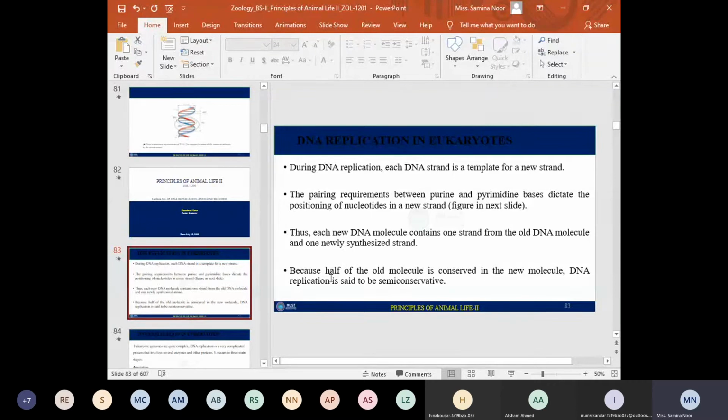So the most acceptable model for DNA replication is the semi-conservative model. Today we are going to discuss the semi-conservative model.